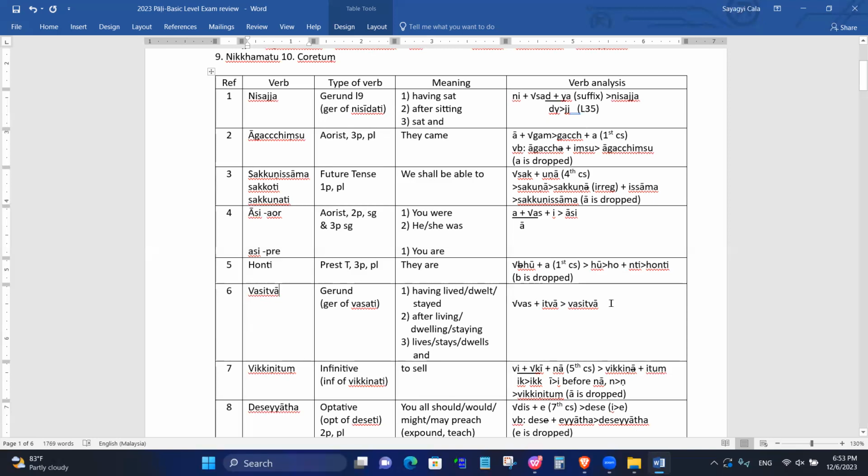Here is only root. So when there's only root, you put itwa, so wasitwa. And because this one has the prefix, that's why the suffix is added with ya. Bande, you asked about this, right?